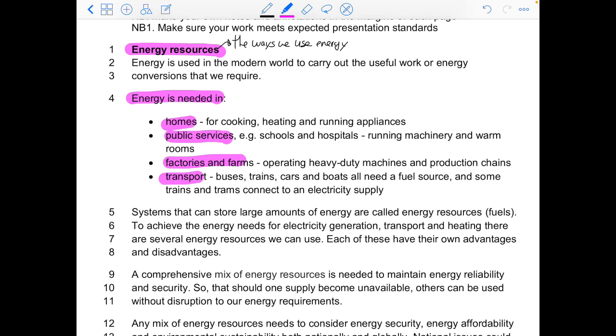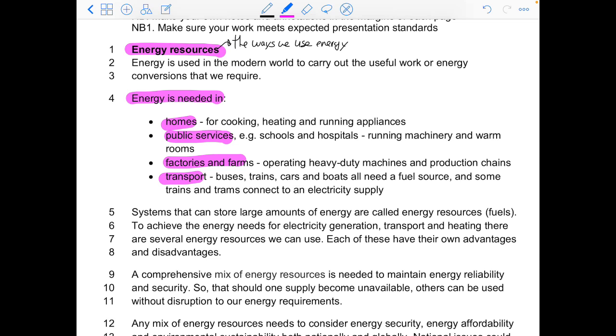Anything we use electricity, we use energy for, or anything we use gas for. Public services, so schools and hospitals, for running machinery, for running the computer you're on now, for anything like that, all kinds of things like that need energy. Factories and farms to run the heavy-duty machines, anything like that, we need energy to make that happen.